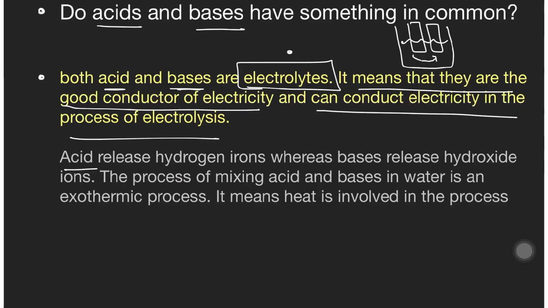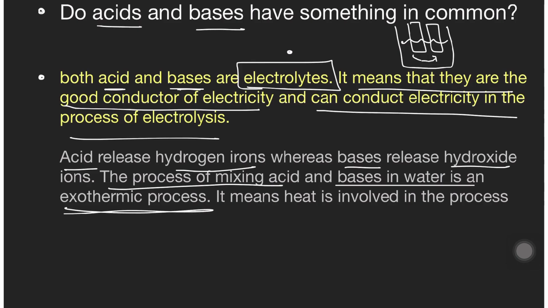So acids, when they are dissolved in water, what do they release? They release hydrogen ions, right? And bases release hydroxide ions. The process of mixing acid or base in water is an exothermic process. Now, what does it mean? When we are mixing acid into water, it makes the acid diluted.